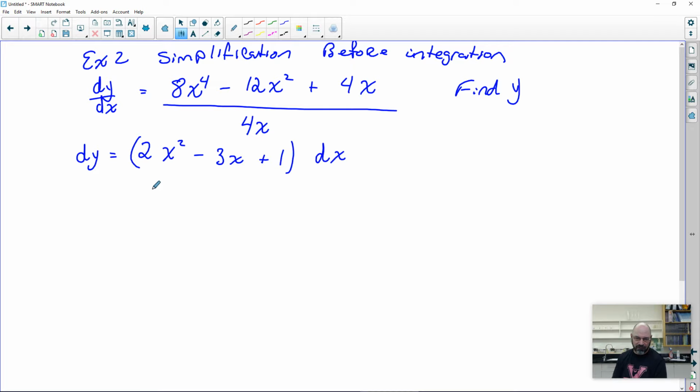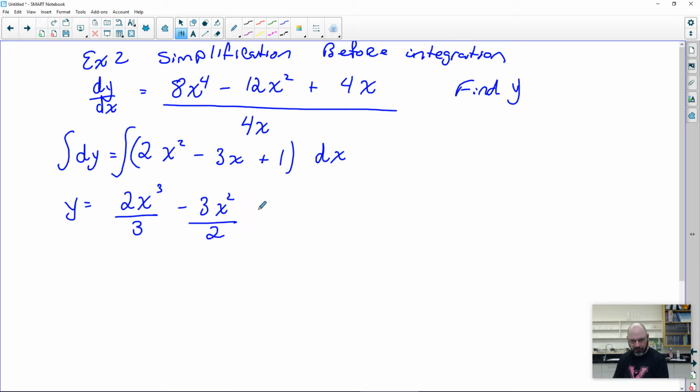Which makes it easier to use the power rule again. So basically we're trying to do the power rule here. Okay, so let's go ahead and use integration rules. So put our integration symbol in. Okay, so y equals, this one first, 2x, add 1 to that and divide by it, minus 3, add 1 there, power, and then divide by it.